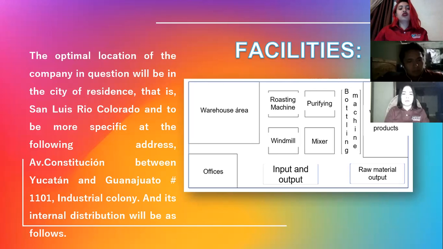And this is the internal distribution of our company. First, we have the warehouse area of the raw material, the office, and the production area, where we have the roasting machine, the wheel mill, the purifier, the mixer, and of course the bottling machine.